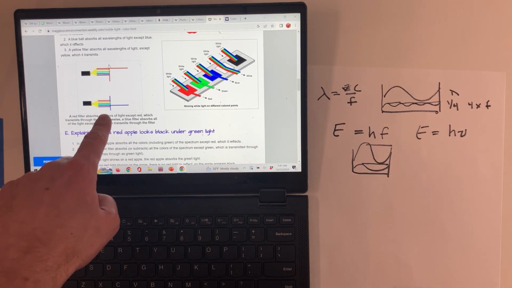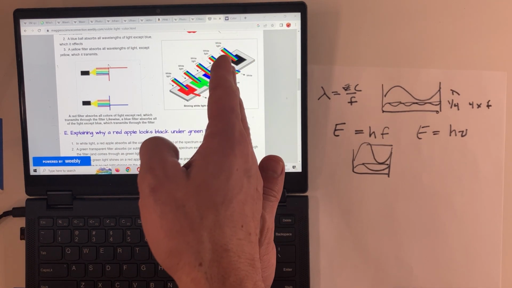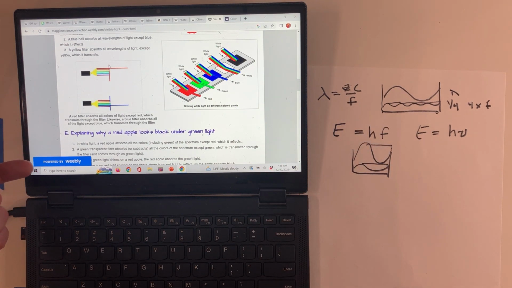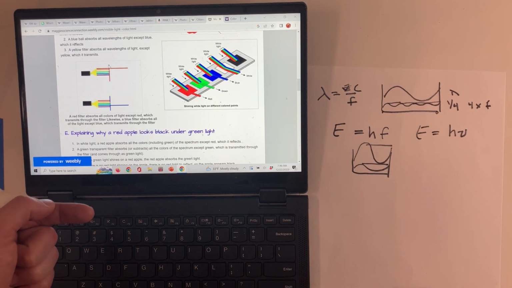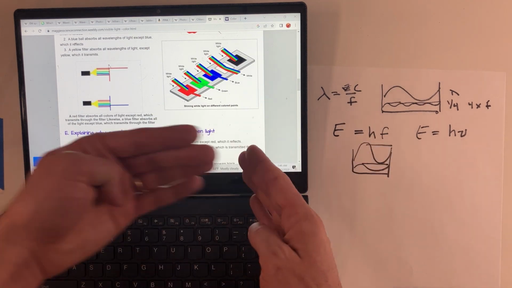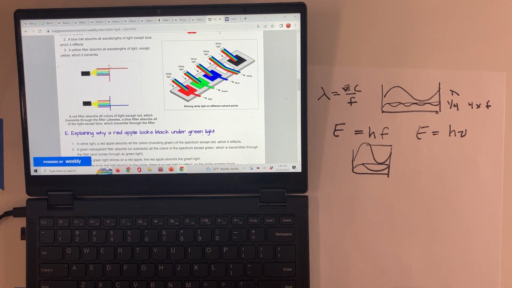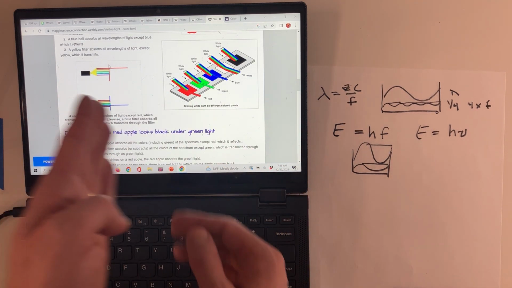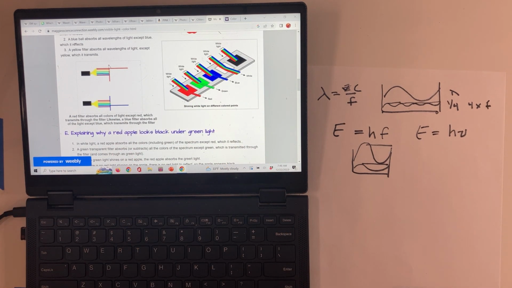The same is true here with blue. If we have a blue filter, that means the object is absorbing red, orange, yellow, green, indigo, and violet, and it's the blue light that's going through. And that's counterintuitive because, again, when you see the blue light, you might think that the object is blue, but the truth is the object absorbed everything but the blue.